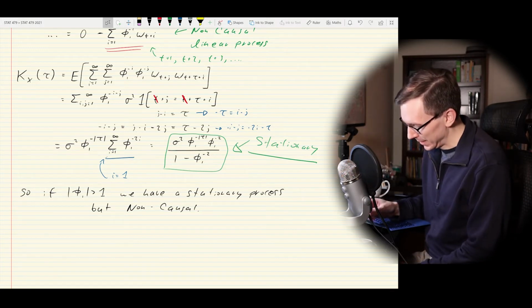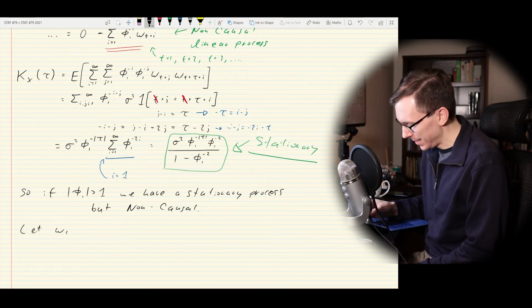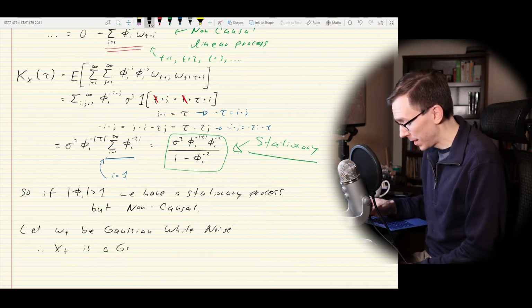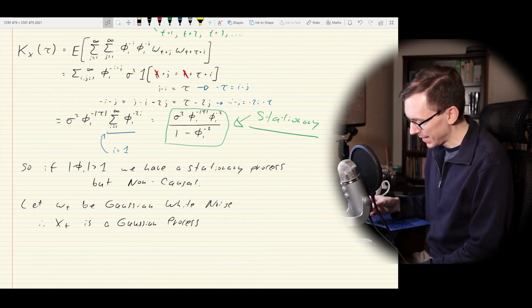So what we're going to say is let W_t be Gaussian white noise. Therefore, X_t is a Gaussian process. And there's something very special about a Gaussian process.